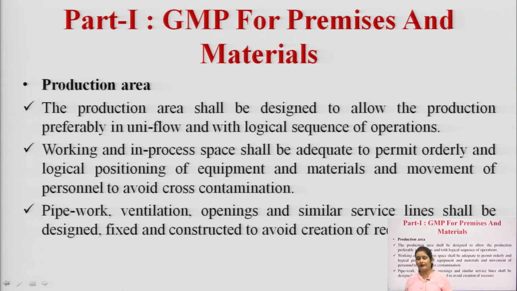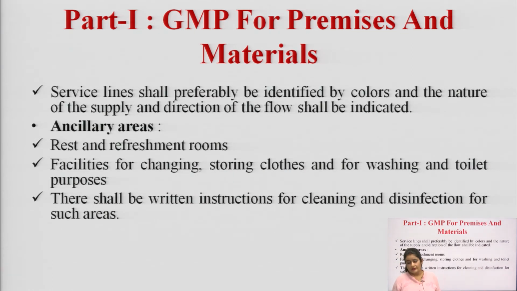Pipe work, ventilation, openings and similar service lines shall be designed, fixed and constructed to avoid creation of recesses. Service lines shall preferably be identified by colors, and the nature of the supply and direction of the flow shall be indicated.